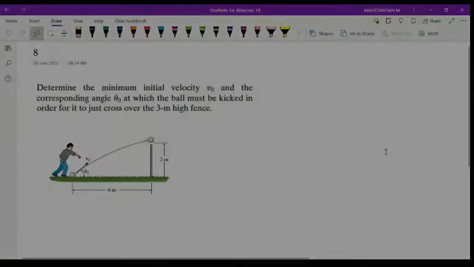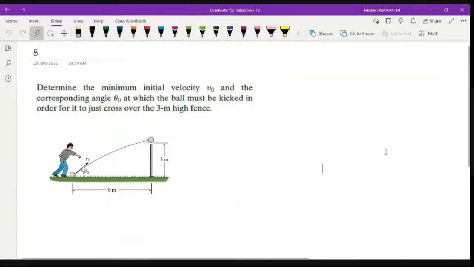Now, a person is hitting a ball. You have to identify the minimum initial velocity, same procedure, and the angle theta, so that it crosses the fence, which is 3 meter height. So that is the problem.